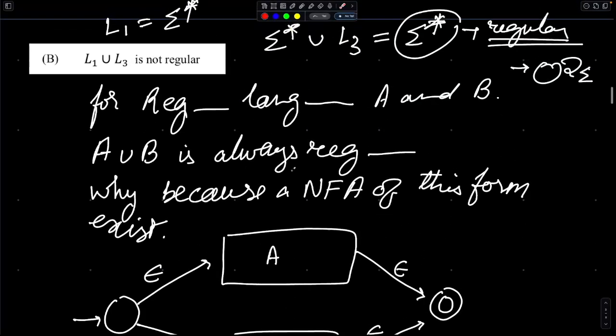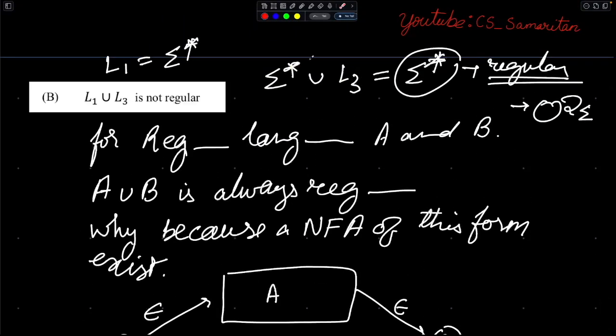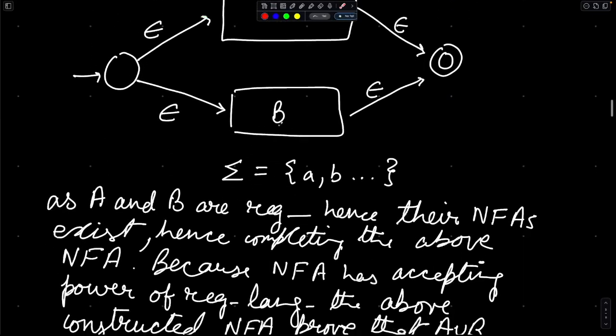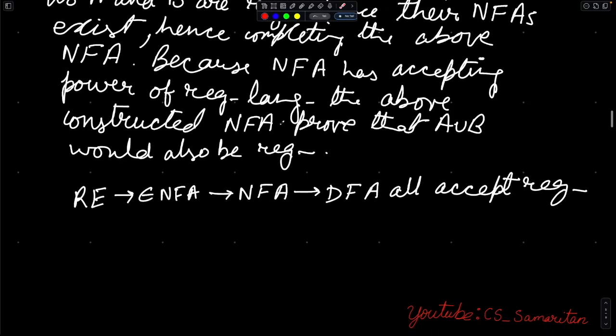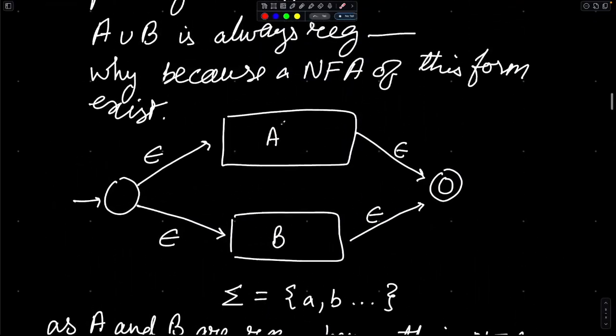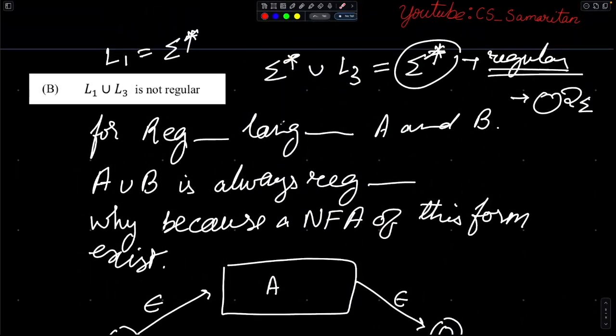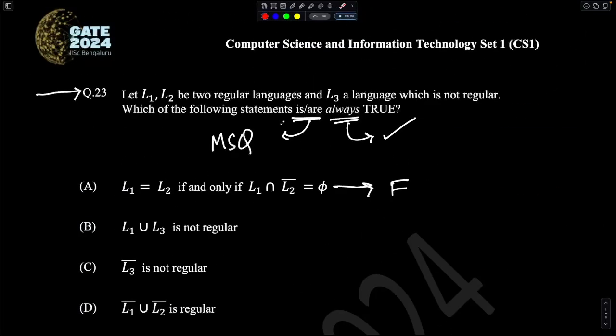Here L3 was a subset of Kleene closure. It is given in the question, that is always what we have to consider. With that being done, we can state conclusively that the statement that L1 union L3 is not regular is not really always true. So the truth value for this is false.